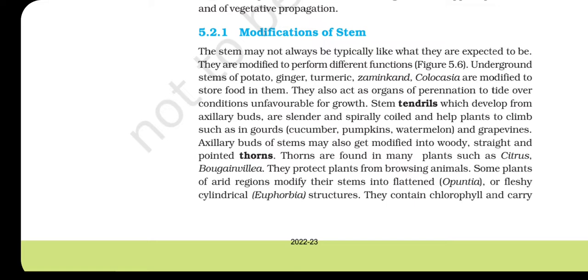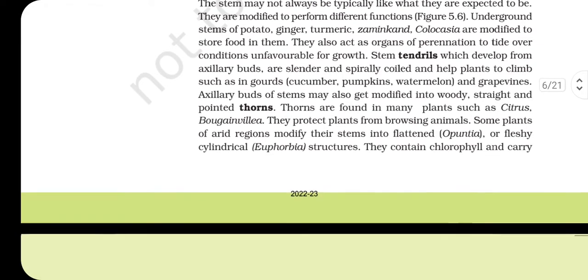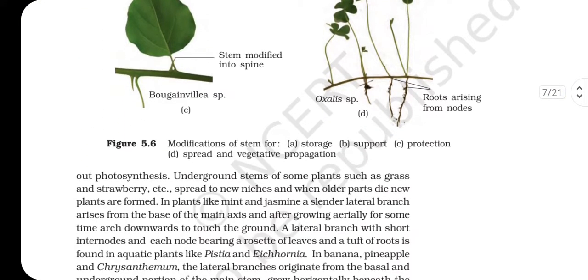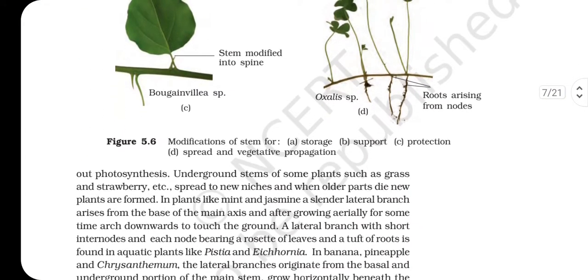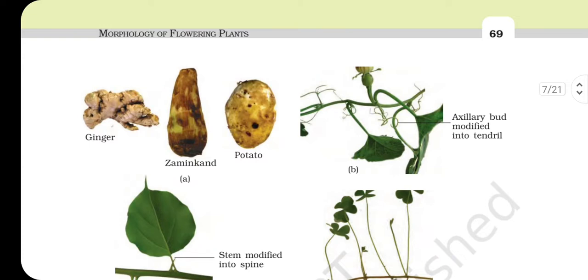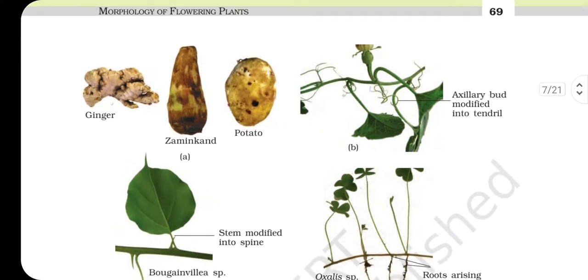Some plants of arid regions modify their stem into flattened structures like Opuntia, or a fleshy cylindrical structure like Euphorbia. They contain chlorophyll and carry out photosynthesis. Ginger, zamikand, potato.